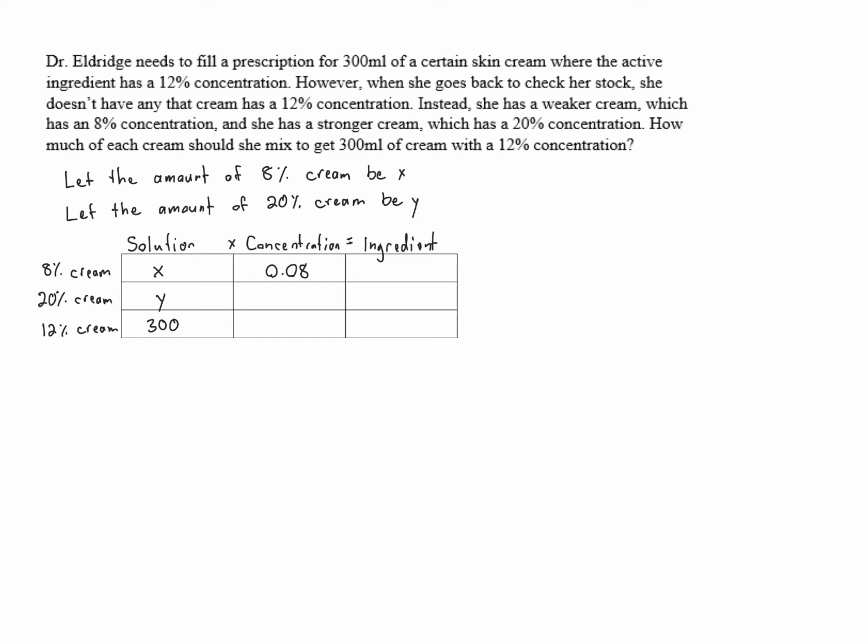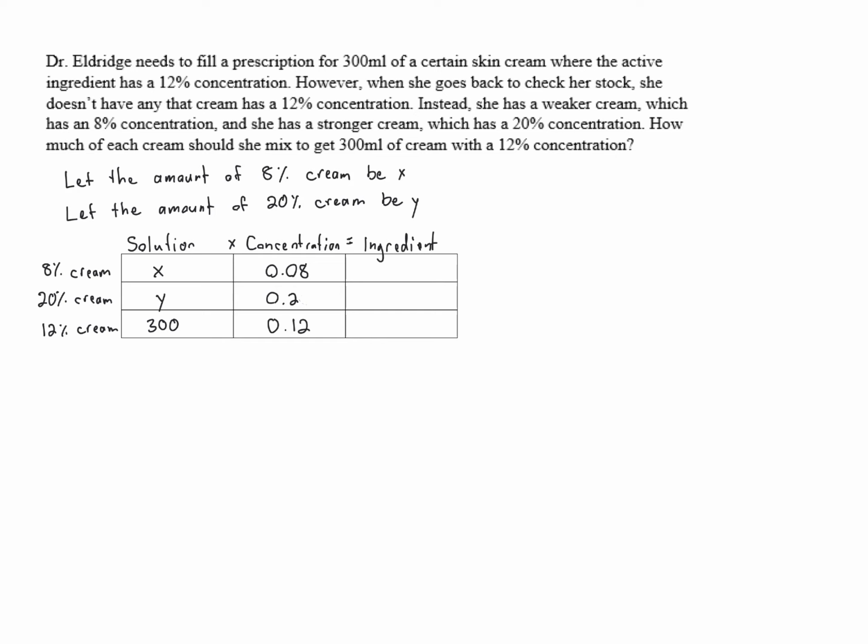We know we have to move the decimal point 2 places to the left, and when we do that, that gives us 0.20, or really, we can just put 0.2. That extra 0 is not necessary. And then for the 12% cream, when we write that as a decimal, it's going to be 0.12.